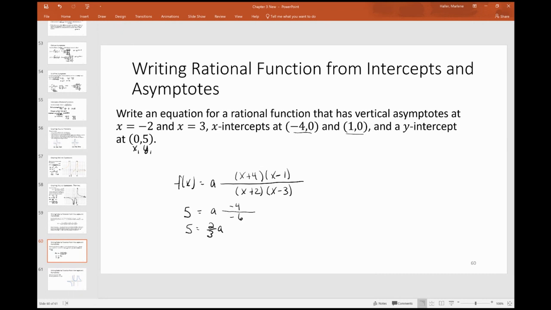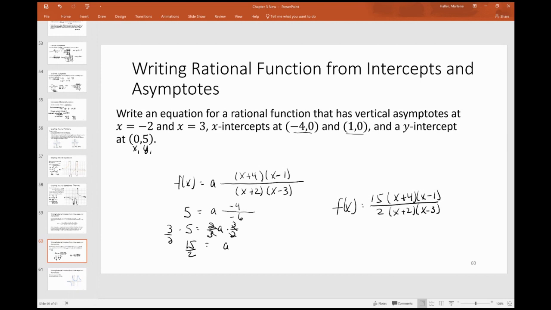So to solve for a, we can just multiply both sides by 3/2, because then everything divides out here, and a is going to be 15/2. So now I can write my rational function. It's going to be 15/2, or 15 times (x plus 4) times (x minus 1), divided by 2 times (x plus 2) times (x minus 3).